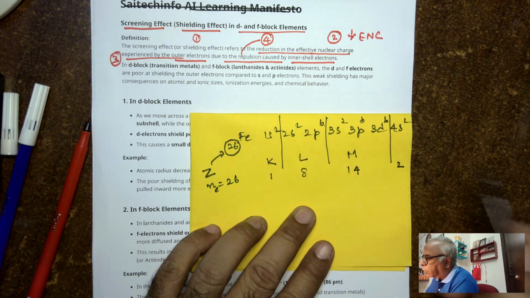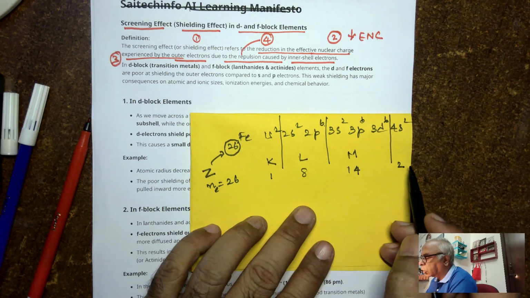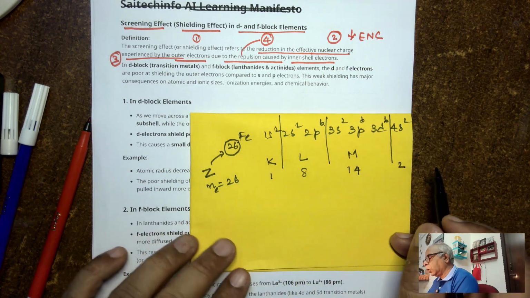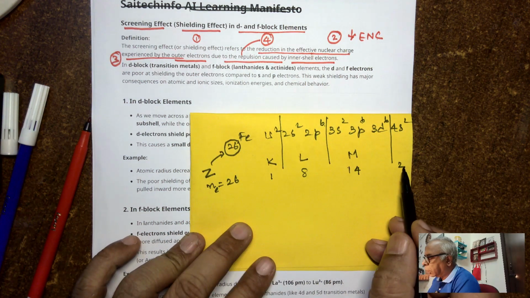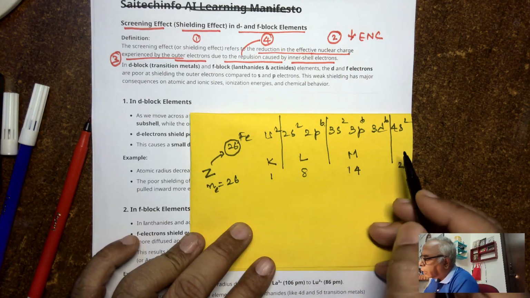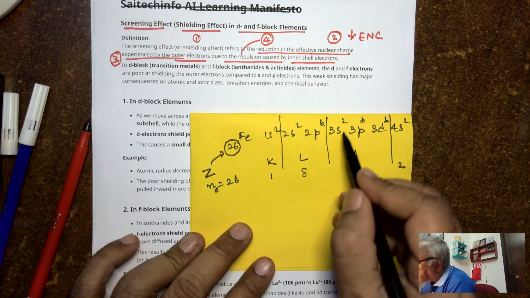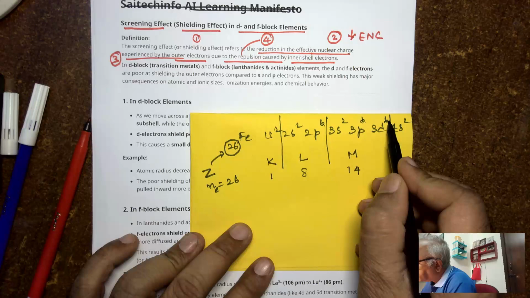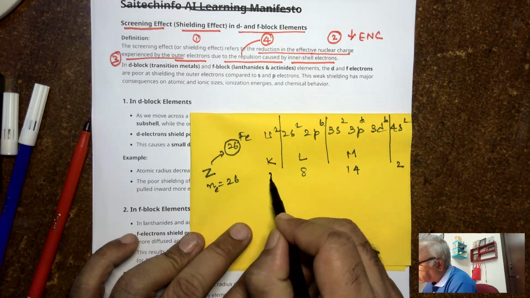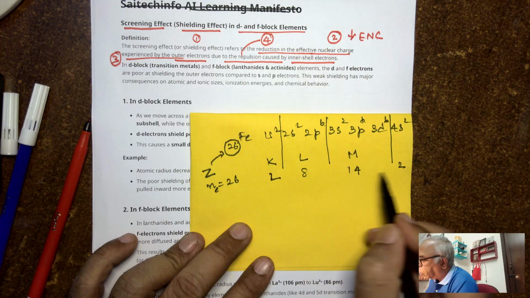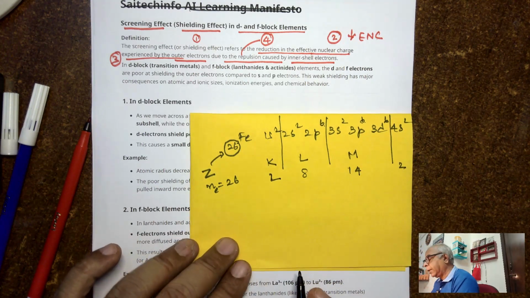And finally you have 2 electrons in the outermost shell, that is the 4th shell. So totally 2, 10, 24, 26, right?